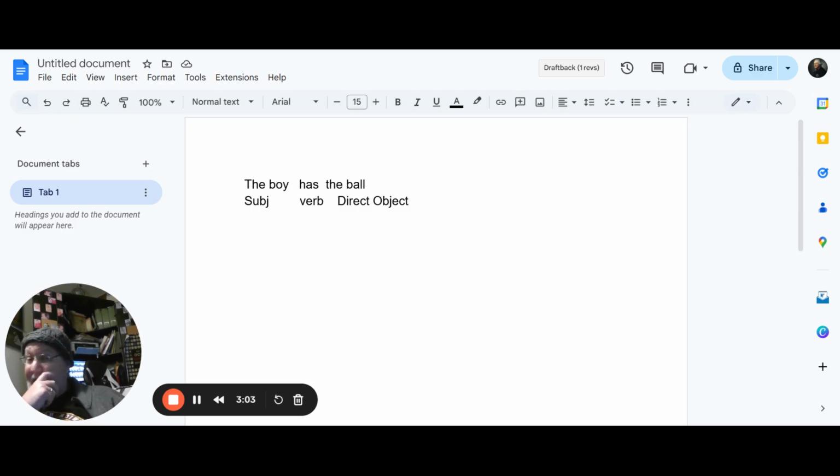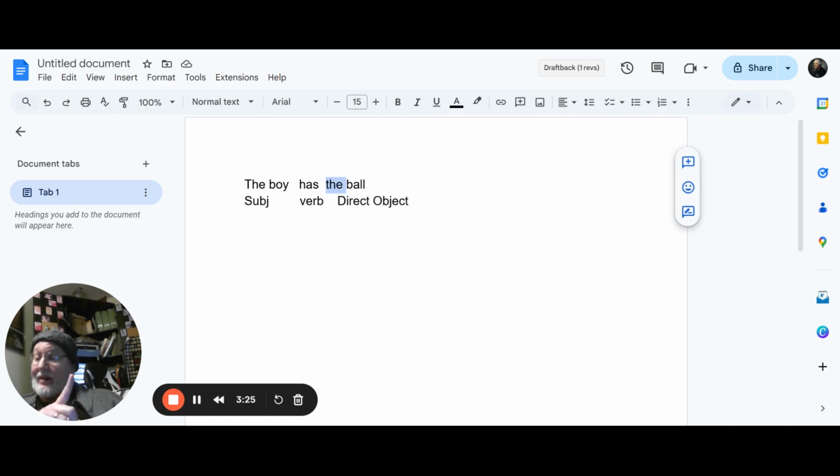Now, in English, this little word right here, that's called the article, the definite article. In English, it doesn't change, which is kind of nice about English. That's one of the easy things about English: our articles never change.